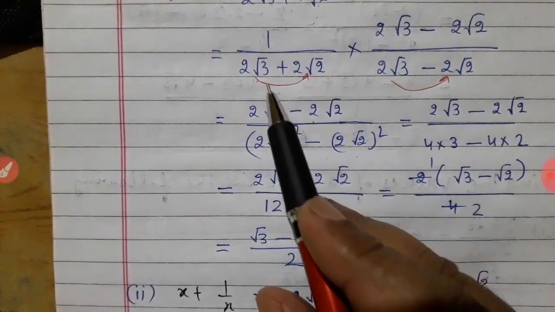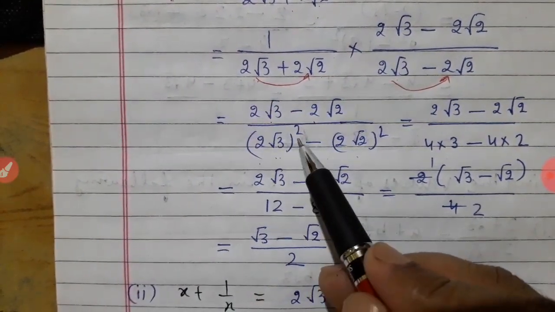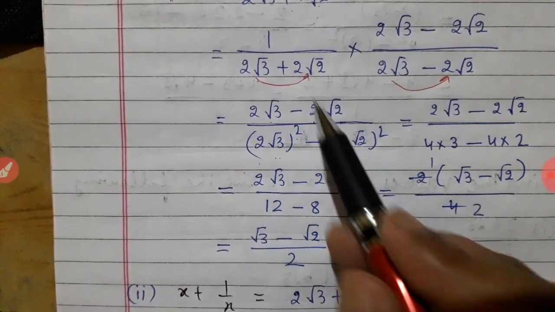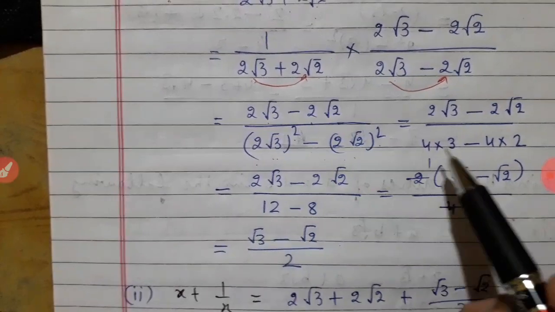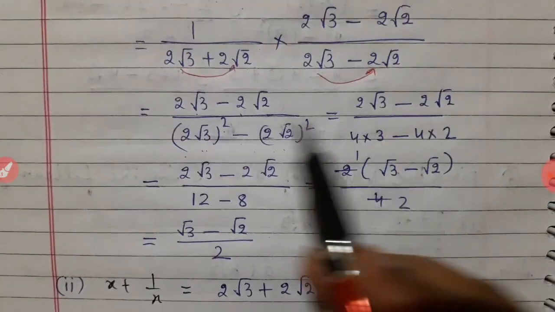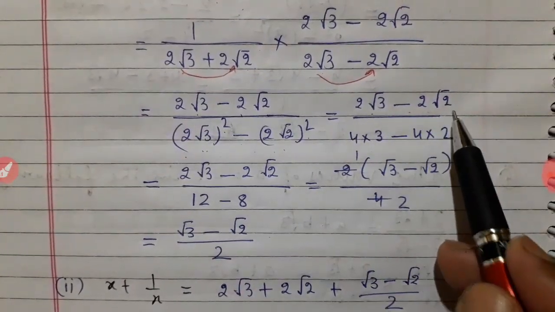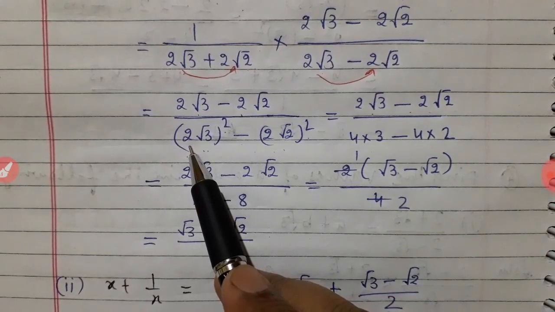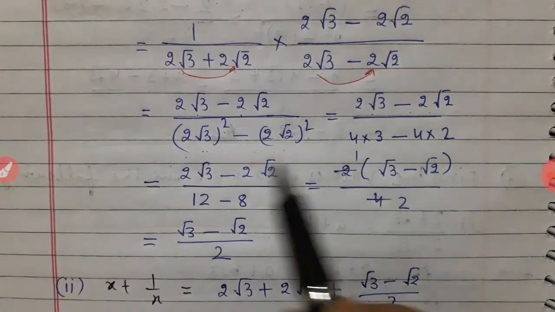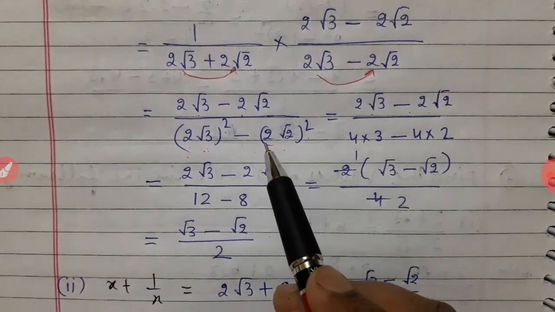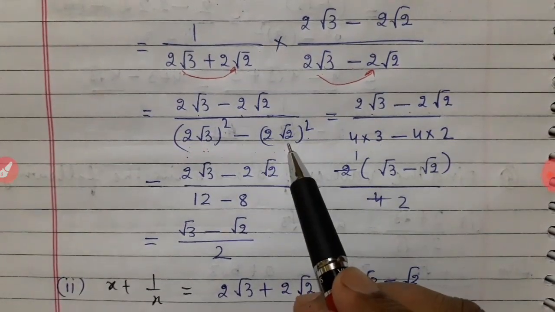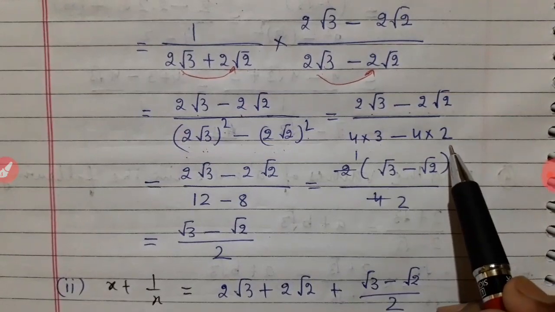So we get here a square means 2 root 3 whole square minus 2 root 2 whole square. Okay, then when you simplify, you get here 2 root 3 minus 2 root 2, and then here you see this 2 2 is 4, and root 3 into root 3 will become 3. Then again here 2 2 is 4, and then root 2 into root 2 will become 2.